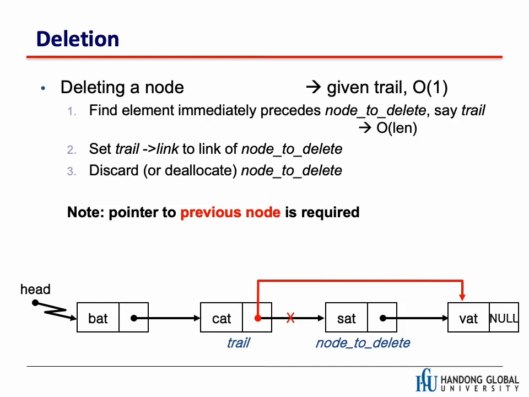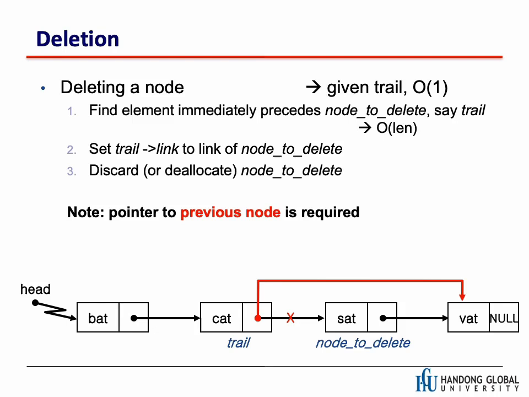In this figure, we want to delete the set node. When we delete the set node, we need a pointer pointing to the cat node. That's what this first step says: find the element that immediately precedes the node to delete. Let's say a trail.